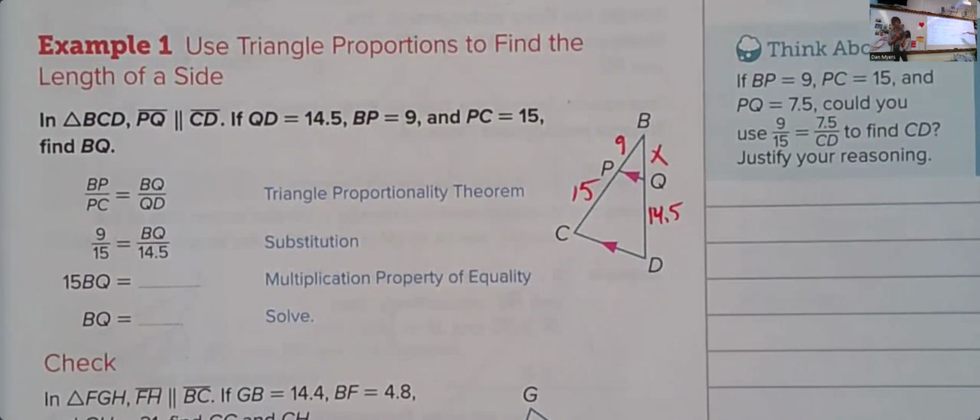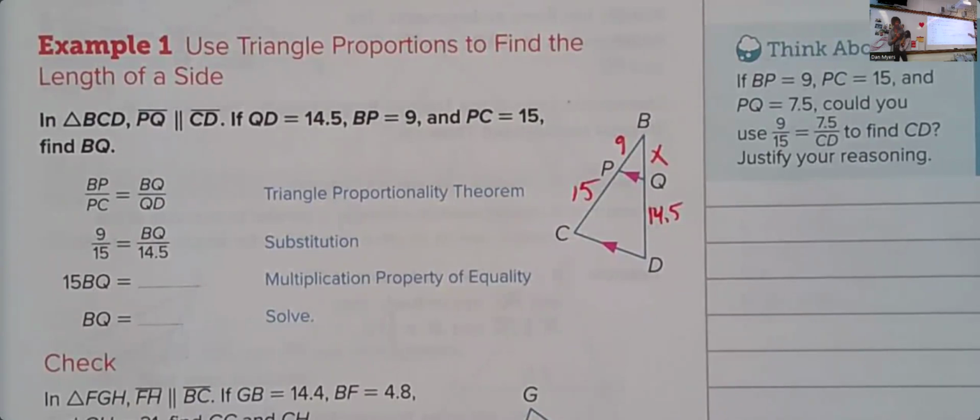So instead of having to add 9 and 15 to get 24 and saying 9 over 24 is equal to X plus 14.5 over X, we don't have to use X twice, we only need to use it once. So BP over CP is equal to BQ over QD, and that's exactly what it shows right here.